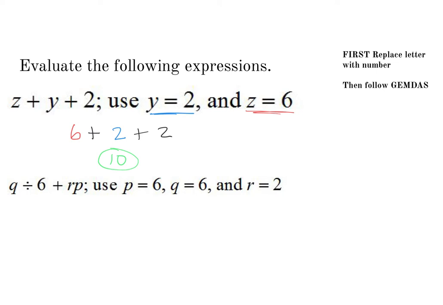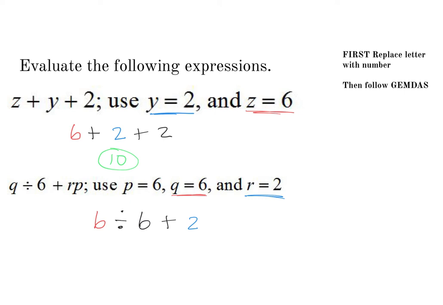So for my second problem, replace the letter Q with the number 6. Keep the symbol the same. Keep the number the same. Keep the plus sign. Now R becomes the number 2. And then P becomes the number 6.